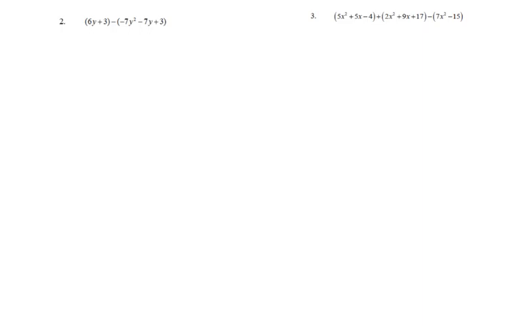All right, in question 2, what we'd like to do is, first, I'd like to have this minus sign distribute to every single term in parentheses. This will change the sign, so it becomes plus 7y² plus 7y minus 3.